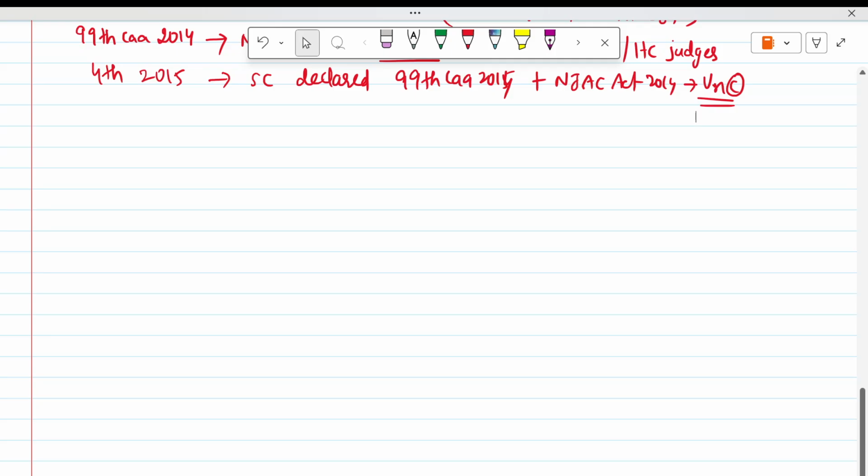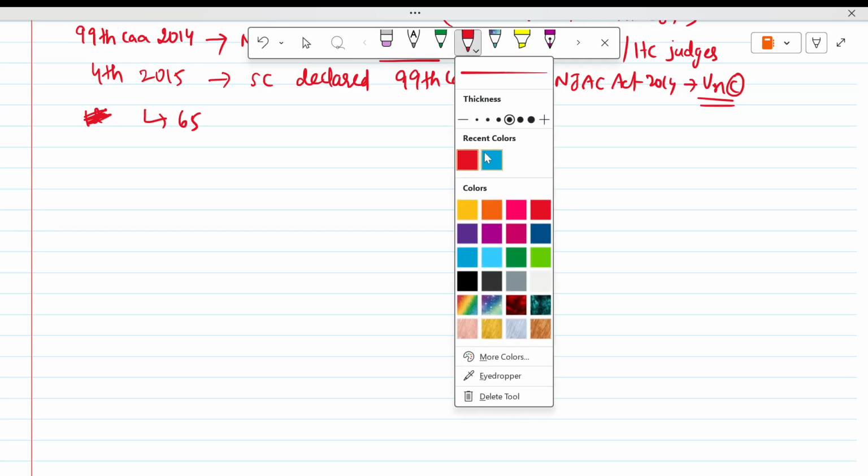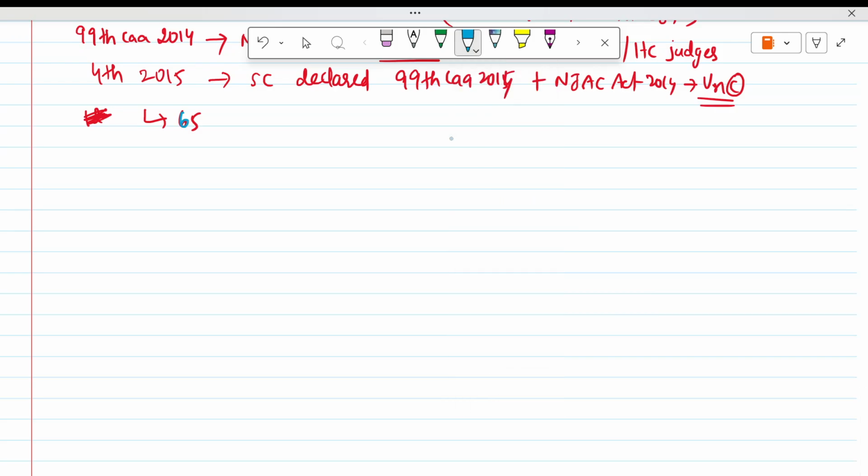Now you come to 124 clause 3. You can say here itself, remember age 65 years. This is the retirement age for the Supreme Court judge.